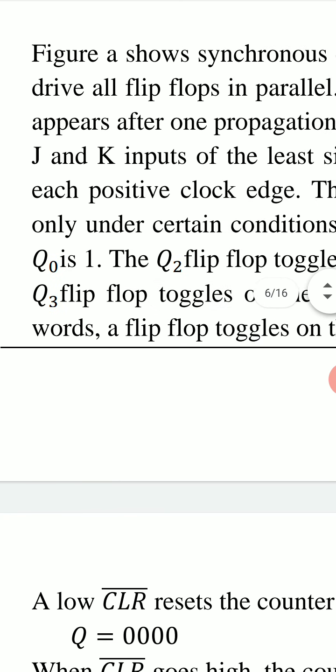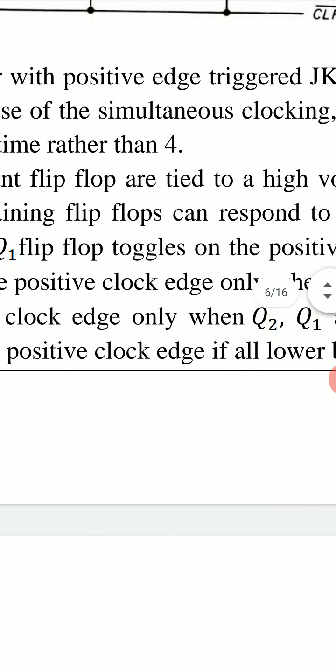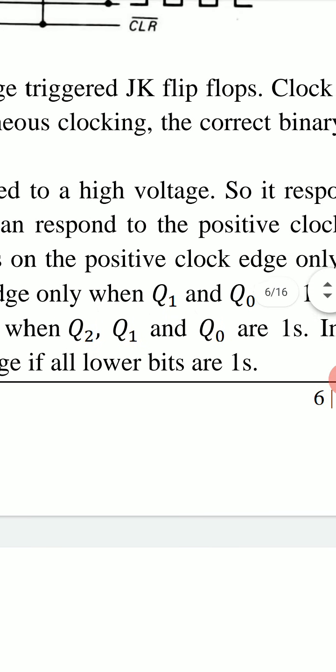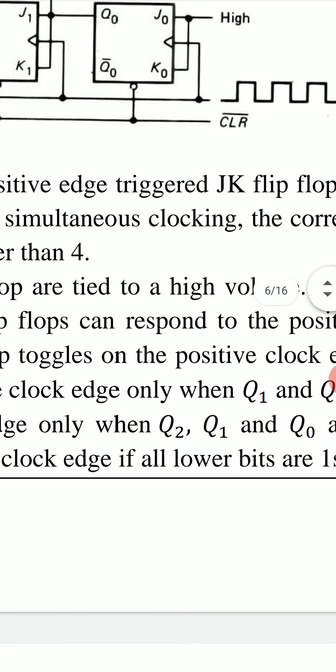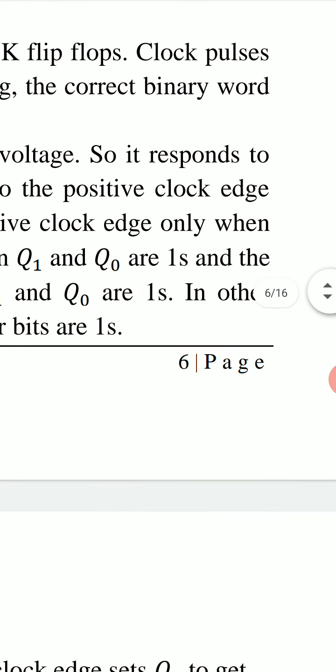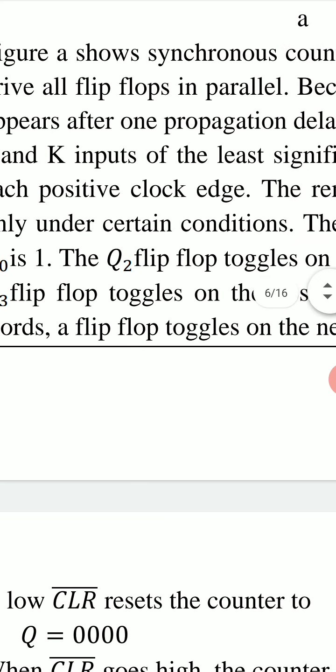J and K inputs of the least significant flip-flop are tied to a high voltage. J0, K0 are connected to high. So it responds to each positive clock edge. When positive clock edge arrives, output Q0 will toggle.